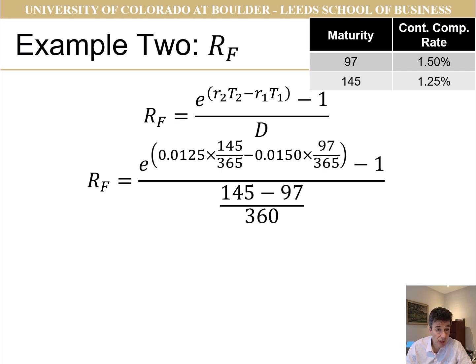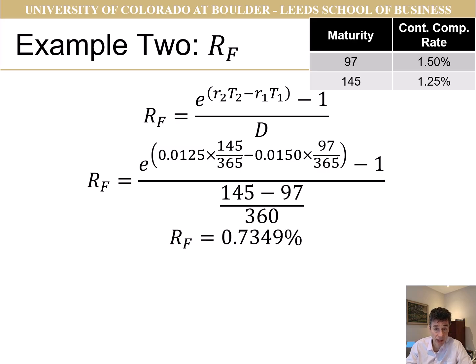So the formula, that's going to be RF, the fair rate, equals e to the (longer dated continuously compounded rate, 0.0125, times 145 over 365, minus the shorter dated, 0.0150, times 97 divided by 365). All of that minus 1 divided by D, which is simply 145 minus 97 over 360.